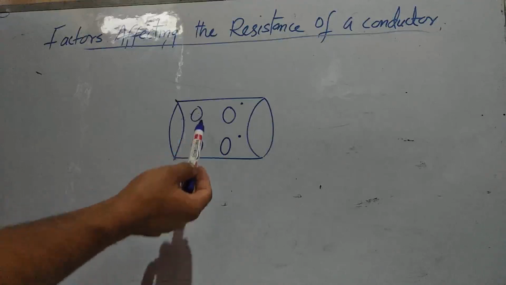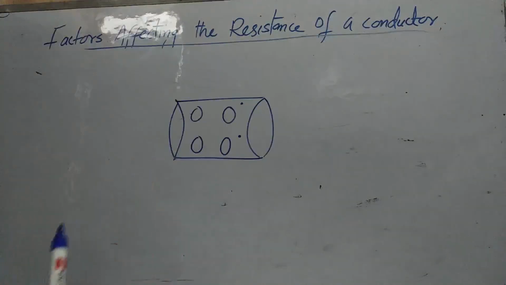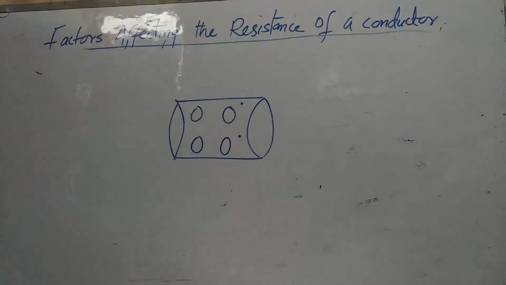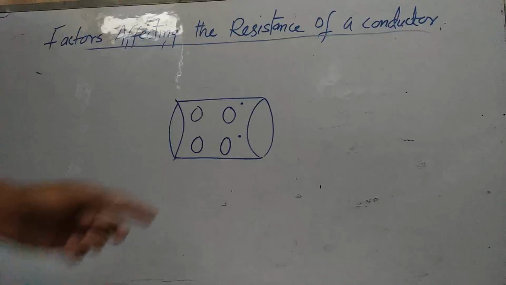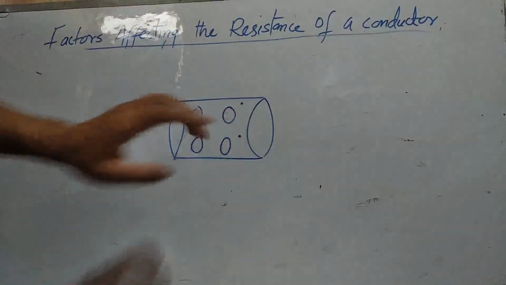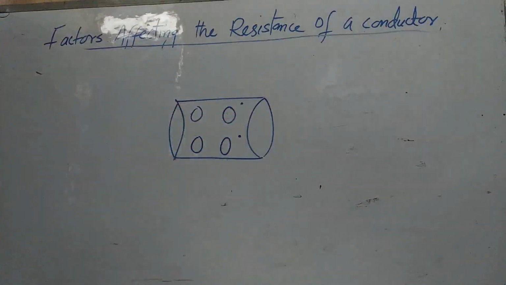See, here is an arrangement of atoms, and this arrangement is called the lattice. The material also has some free electrons, because we know that electrons revolve around the atom. So there are also free electrons which are not bound. For example, here there are 2 free electrons.